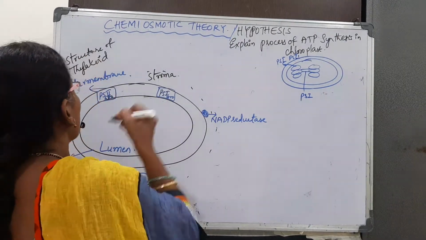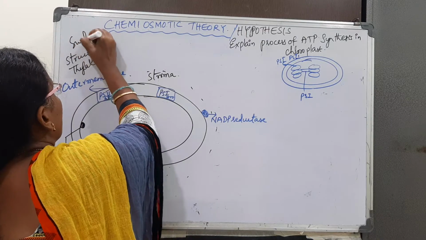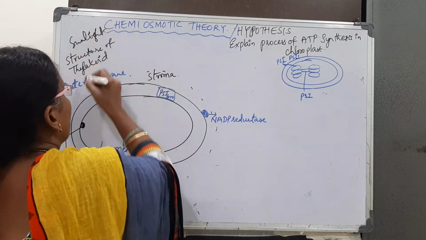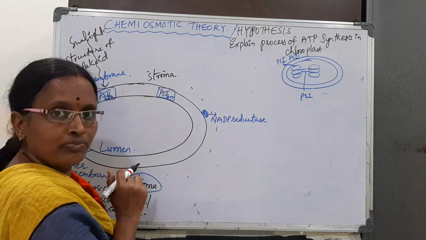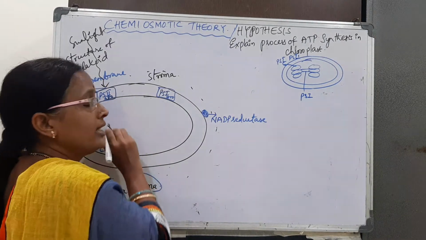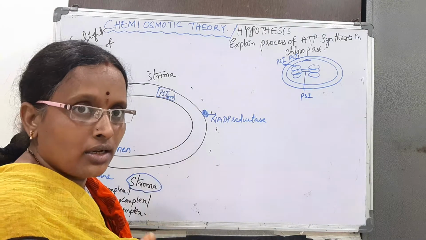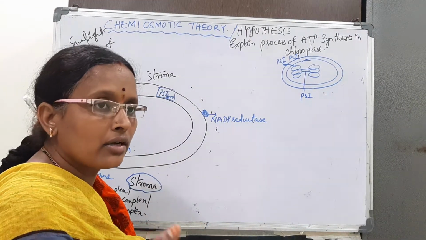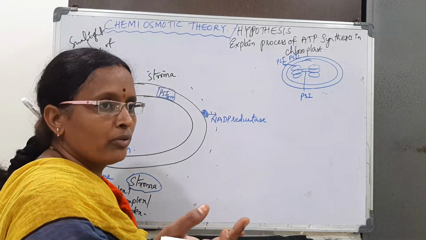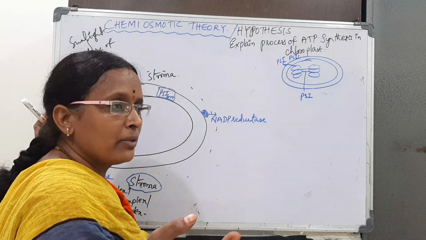When the sunlight is absorbed by photosystem 2, it releases the electrons. In the reaction center, the chlorophyll molecule and other accessory pigments are there.